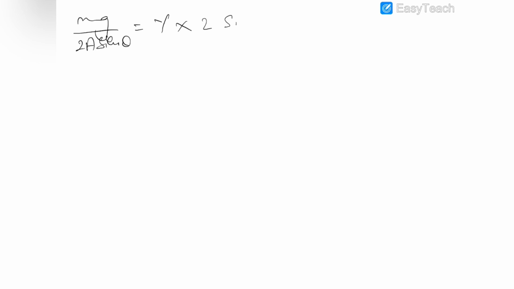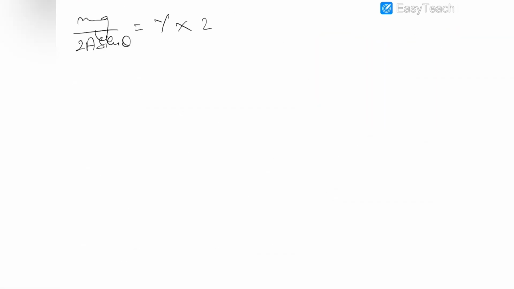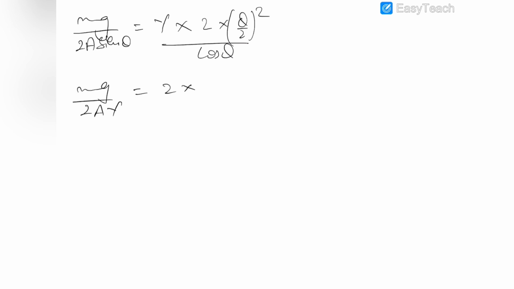So for small angles, sin theta is approximately equal to theta, and therefore it is (theta by 2) whole square divided by cos theta. And mg by 2a gamma is equal to 2 into (theta by 2) whole square into tan theta, and tan theta is also equal to theta for small angles.